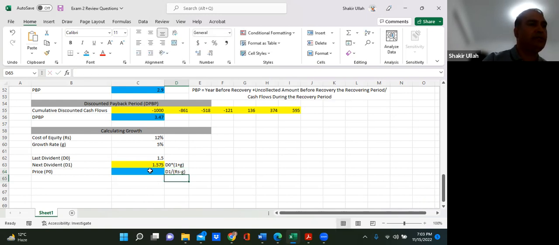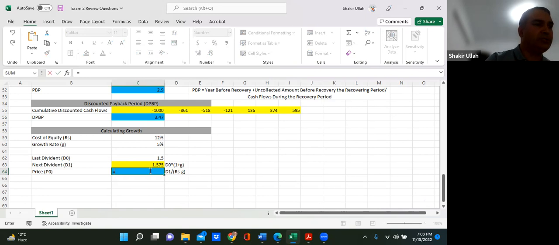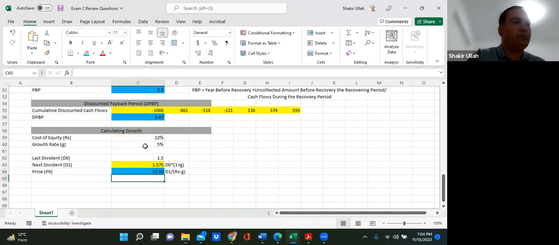Let's use that formula: we just calculated D1, divided by (RS 12% minus G, which is 5%). We close the parenthesis and we get 22.5. That is the price of the stock. So just in case D1 is not given to you, you know that you can calculate it.